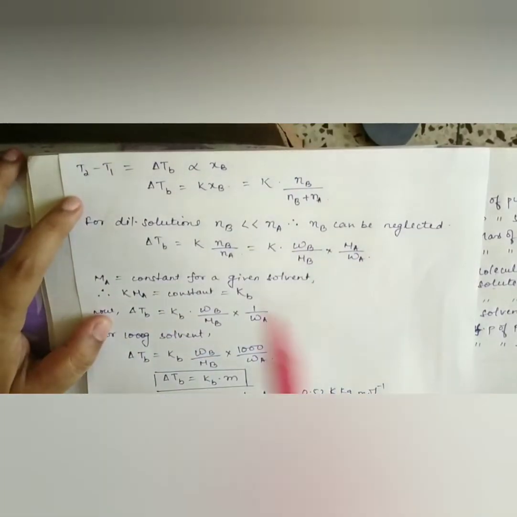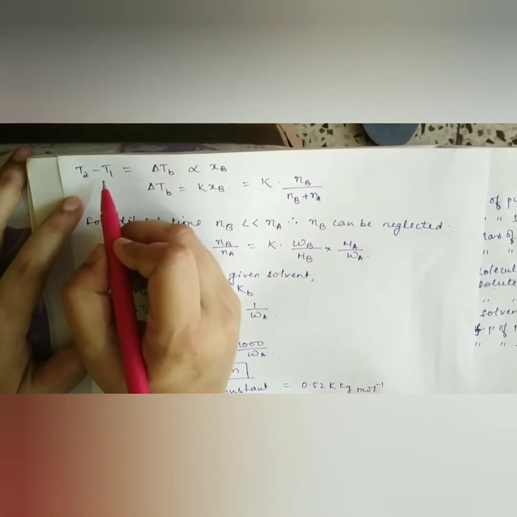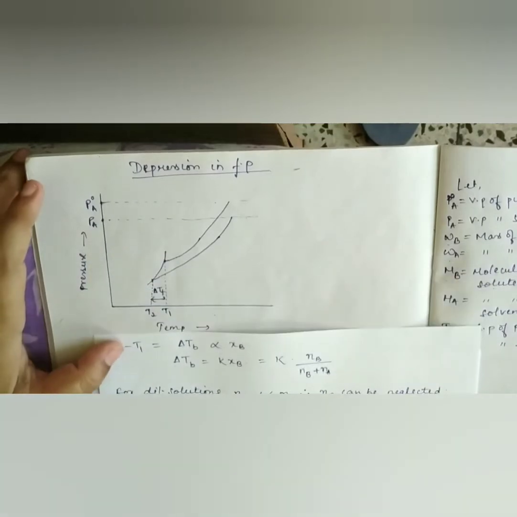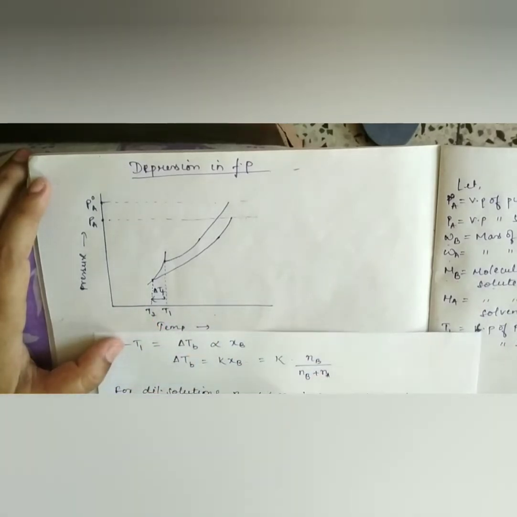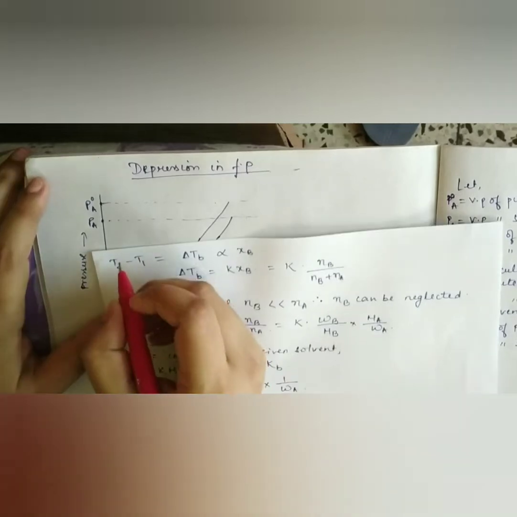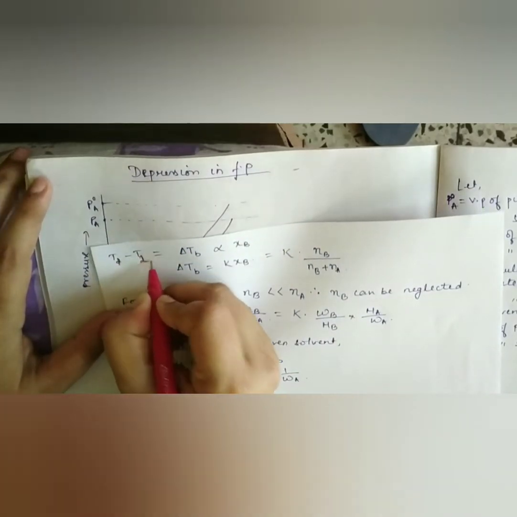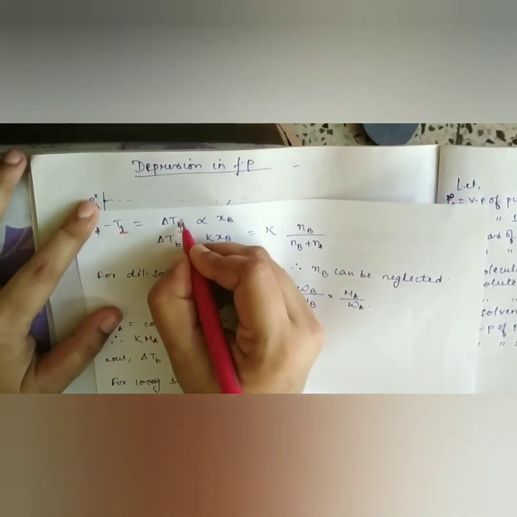So in case of elevation in boiling point, we have shown T2 minus T1. In this case, since the freezing point of the pure solvent is greater than the freezing point of the solution, here it will be T1 minus T2, and this delta TB will be represented as delta TF.